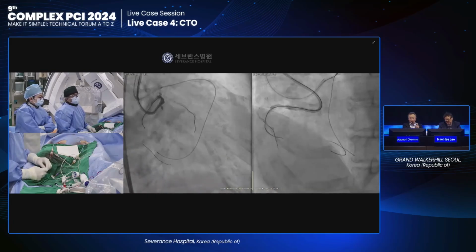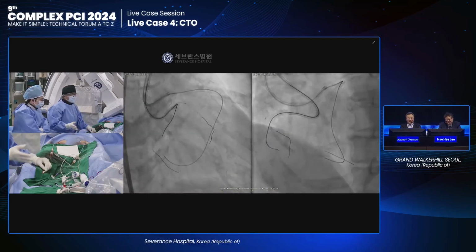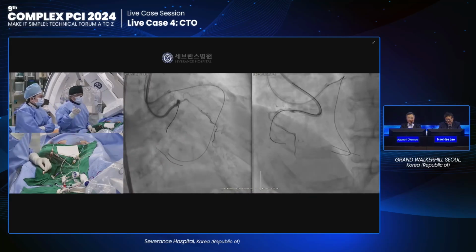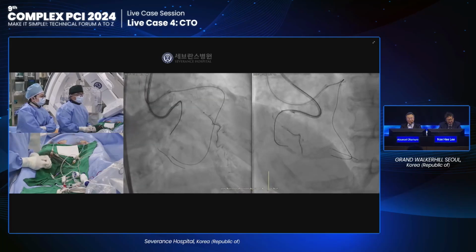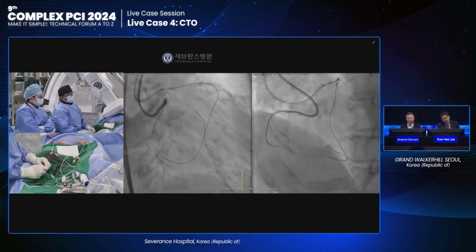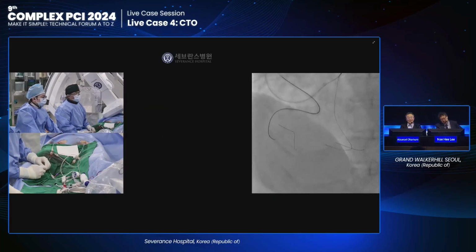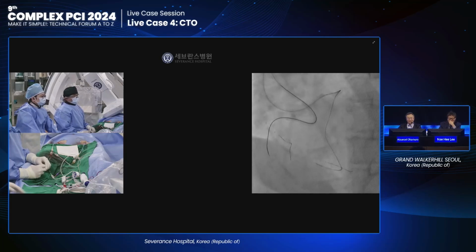So which wire do you select? I learned a lot from Dr. Okamura, so I think exactly the same. I now use the UB3 and I'm going to start the antegrade preparation.